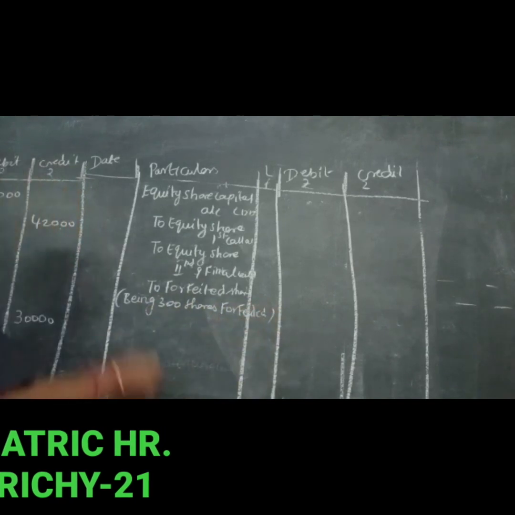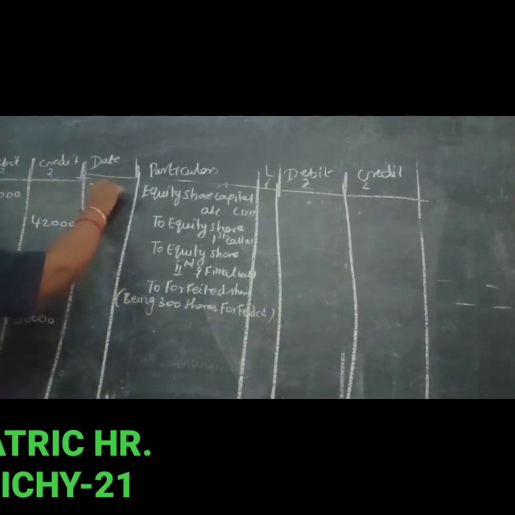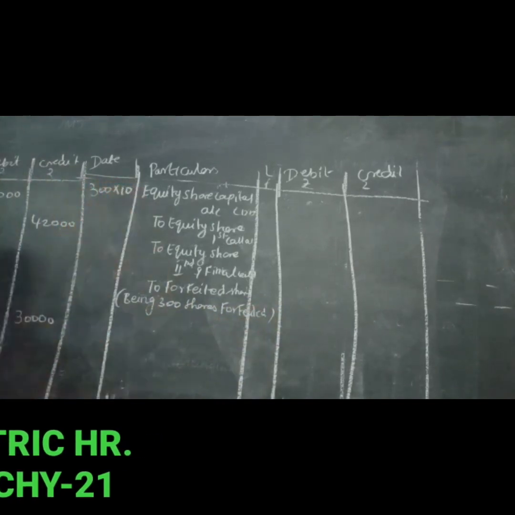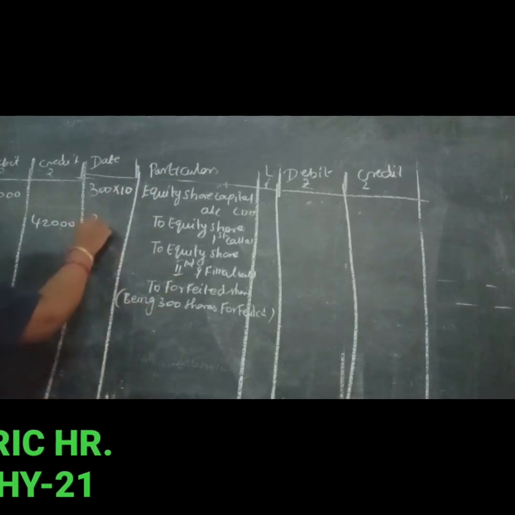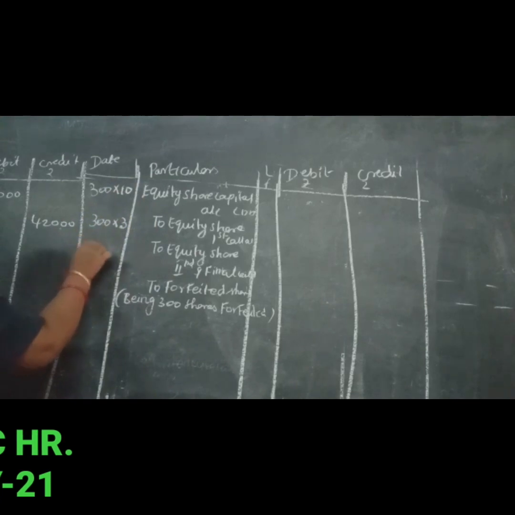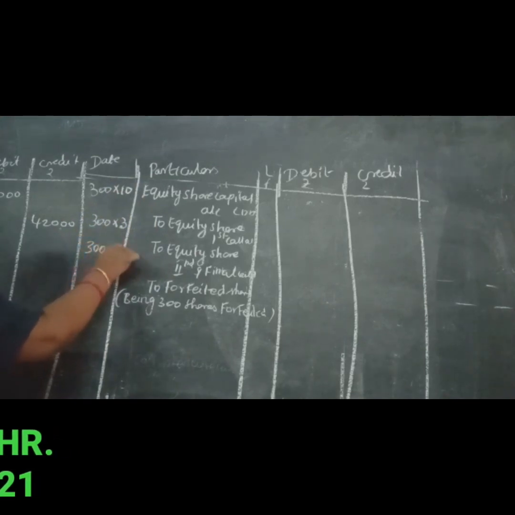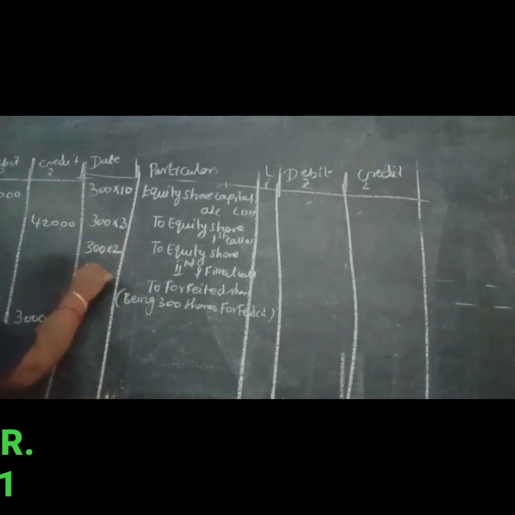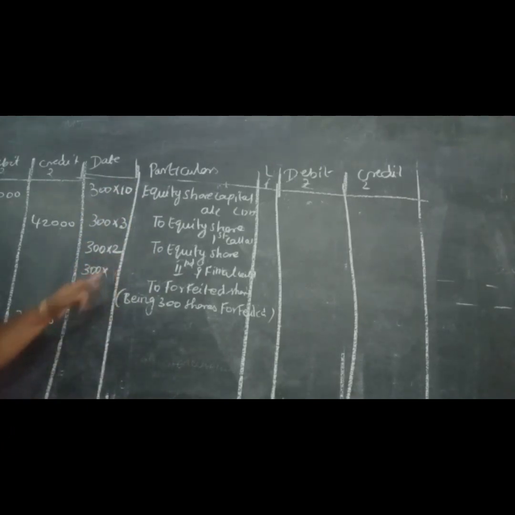Capital amount is 10 rupees per share. First call 300 into 3 rupees and second call 300 into 2 rupees, so the balance remaining is 5 rupees: 3 plus 2 is 5, 10 minus 5 is 5.